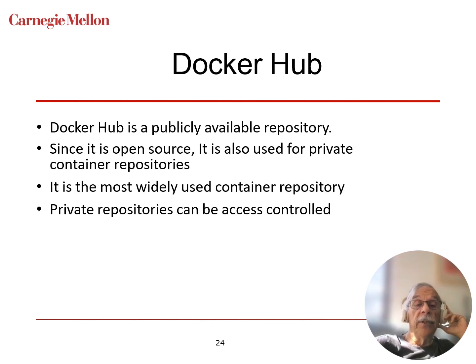Docker Hub is a publicly available repository. It's open source, so you can use the publicly available version of Docker Hub, or you can install Docker Hub in your own organization and keep it just for images within that organization.